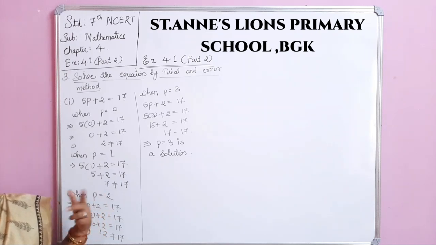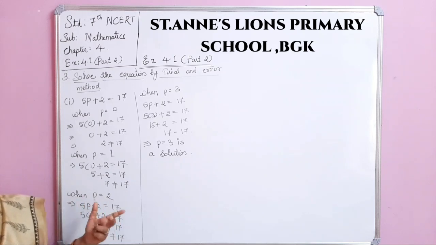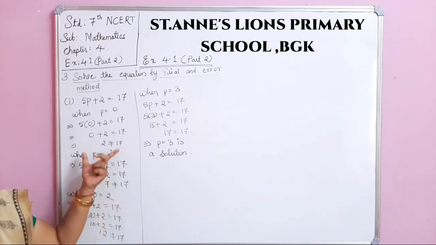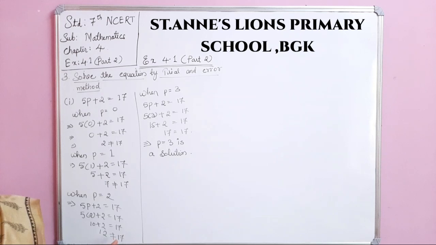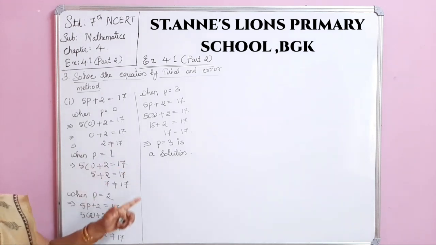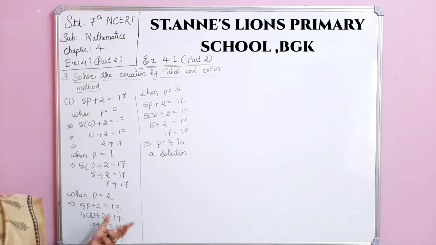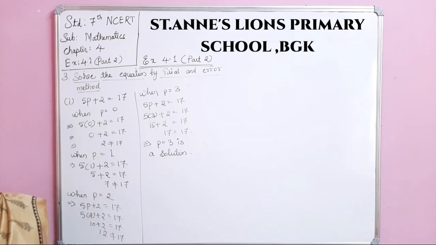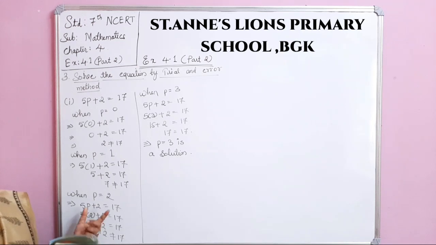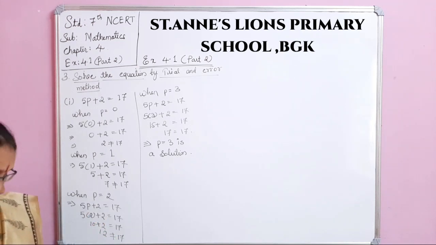So we are learning one more method that in the next exercise I am going to teach you, because this trial and error method will not be successful. It takes much time. Here luckily we got it just after 3 values. Sometimes 10 values, 15 values, 20 values we have to take and verify. So that is not the successful method. So okay, this is the first problem.